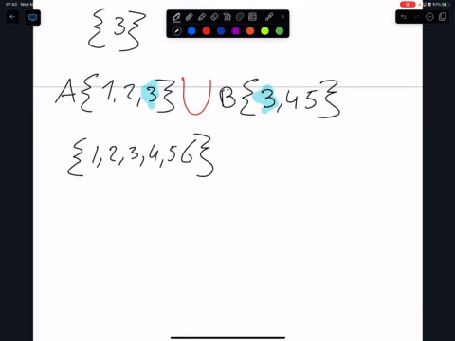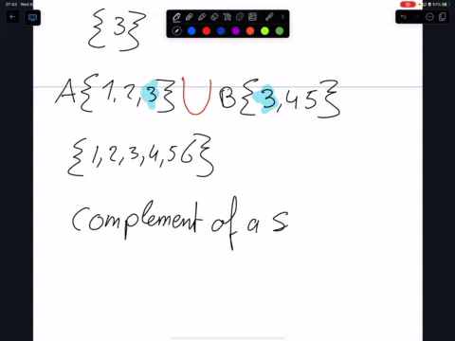Now, the next thing in sets is called the complement of a set. Again, I keep taking the same example over and over again.